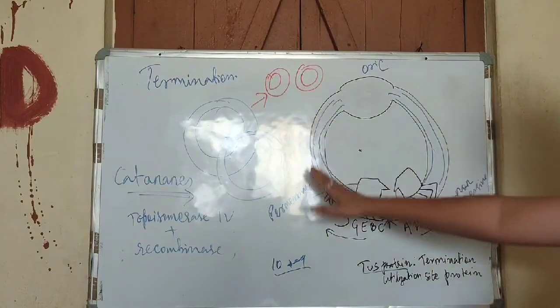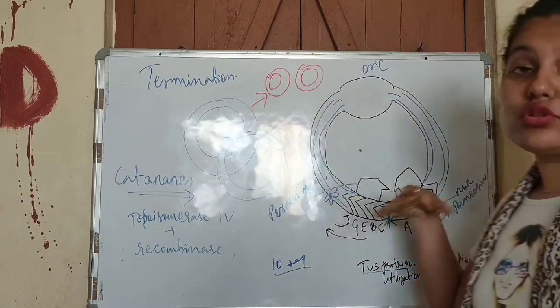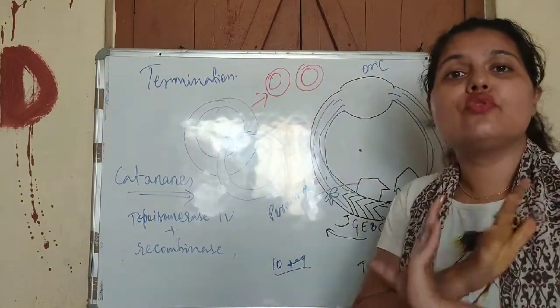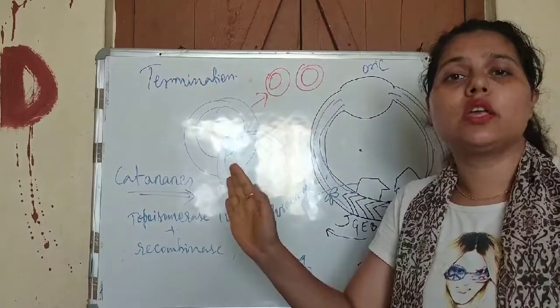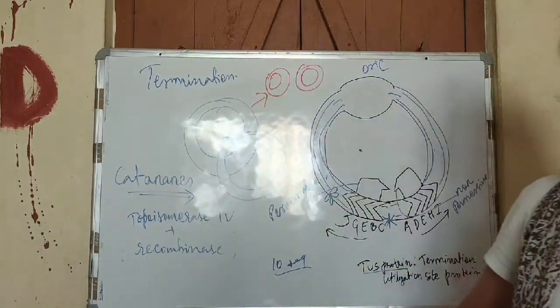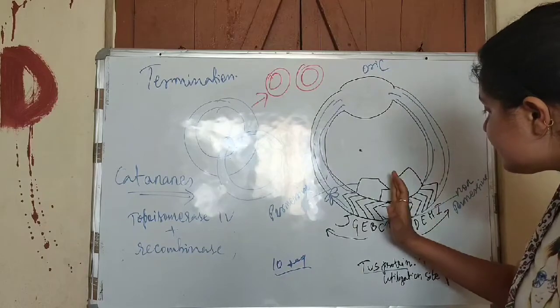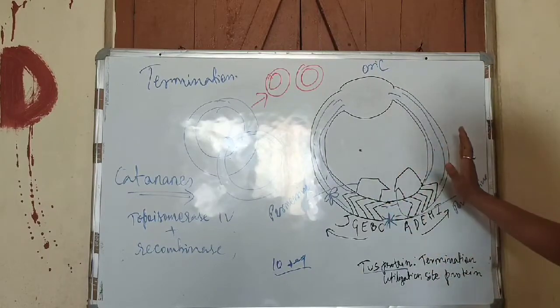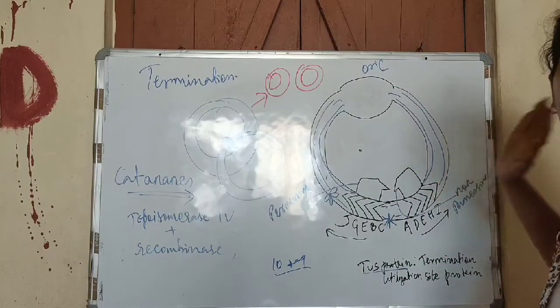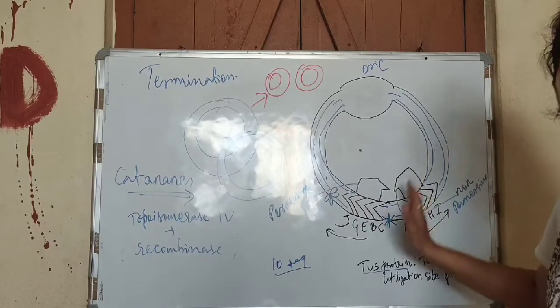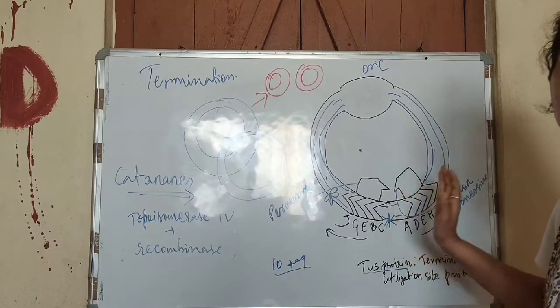When the helicase enzyme passes through the permissive end, there will be no hindrance, no blocking in the way of the helicase enzyme. But as soon as the enzyme tries to pass through the non-permissive end, the enzyme will be blocked then and there.